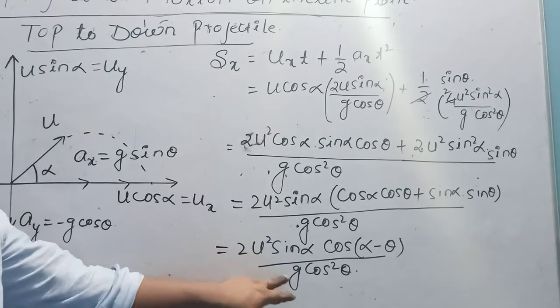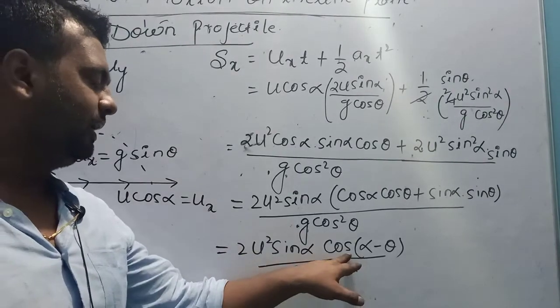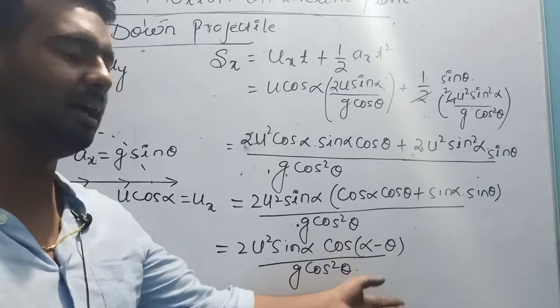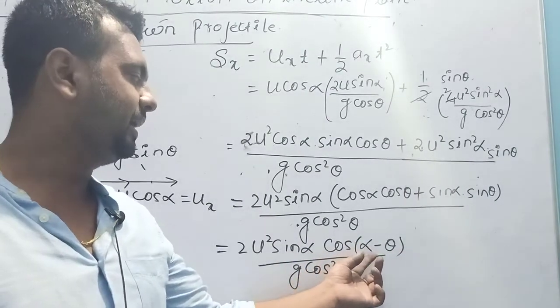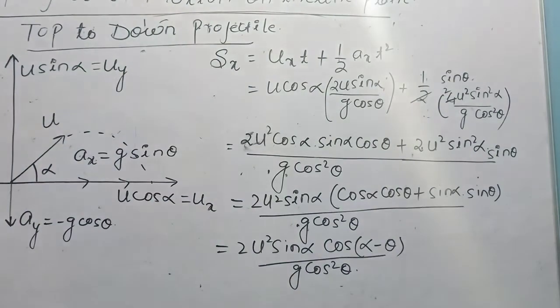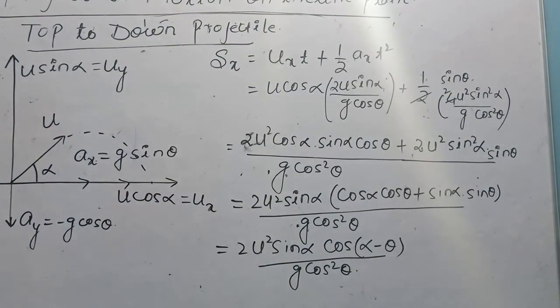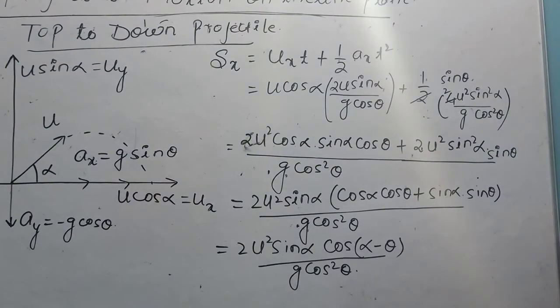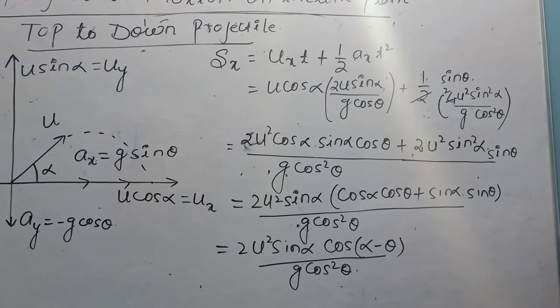In range, each and every term is the same. Only in the down to top case we were getting cos alpha plus theta, and in top to down we are getting cos alpha minus theta. So for today this is enough. This was the lecture on top to down and down to top projectile motion on incline.